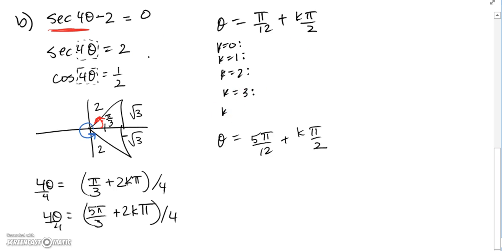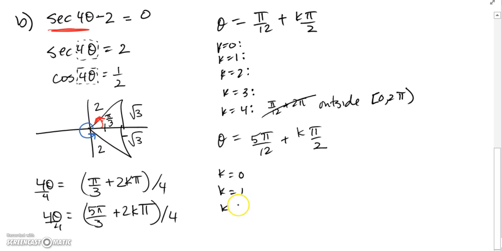But once I let k be equal to 4, notice 4 divided by 2 is 2, I'll end up with pi over 12 plus 2 pi, which will be outside the range we're supposed to pick the angles. So I can go up to 3, and same thing here, because once k is 4, we're going to add a 2 pi, and that goes outside of the 2 pi we need.